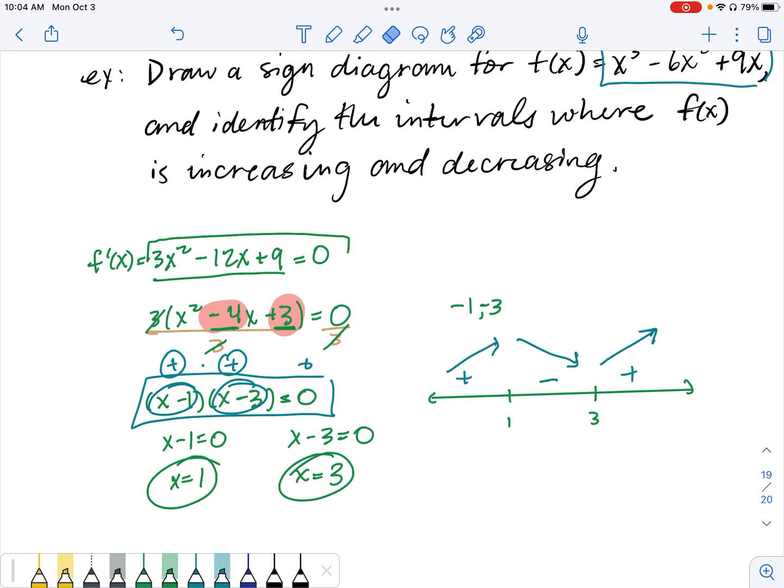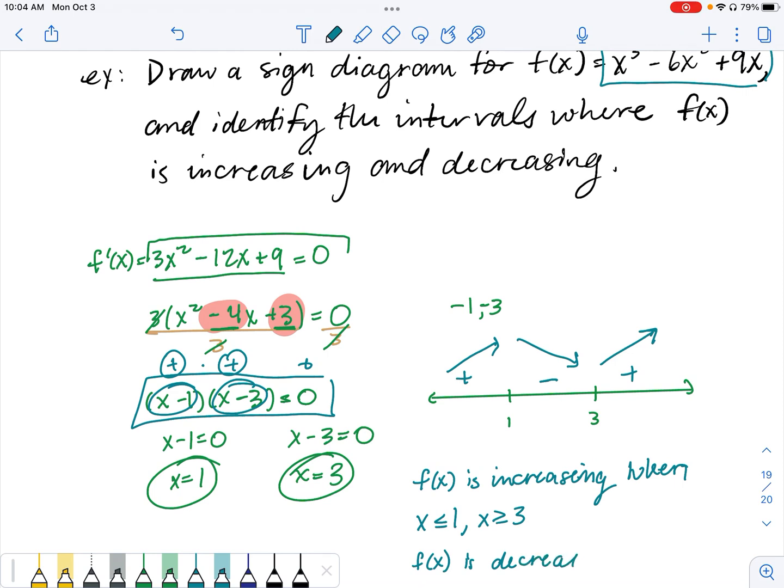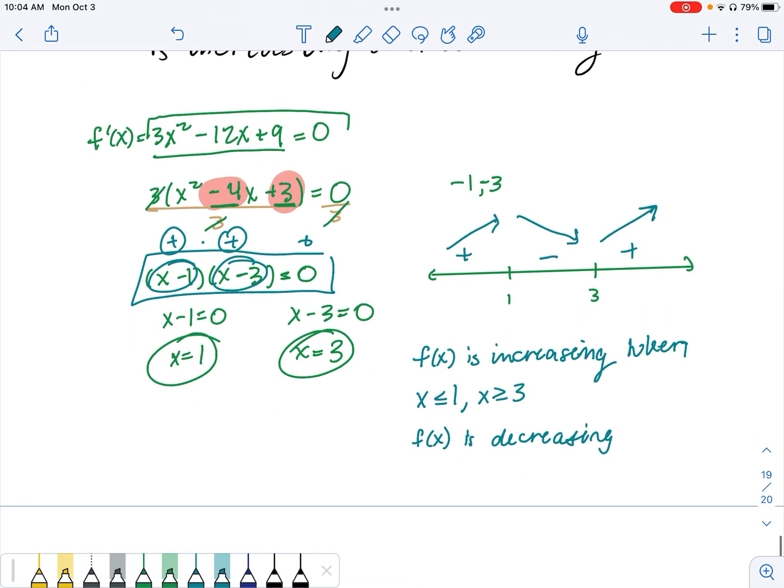And now we can identify the intervals by just writing f of x is increasing when, bad writing here, x is less than or equal to 1 and greater than or equal to 3, and f of x is decreasing when 1 is less than or equal to x is less than or equal to 3.